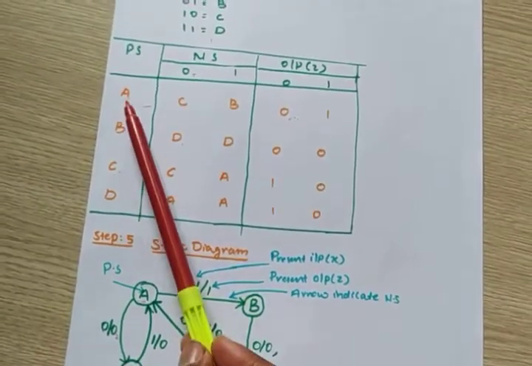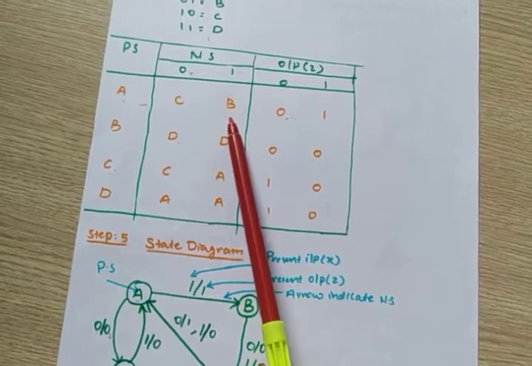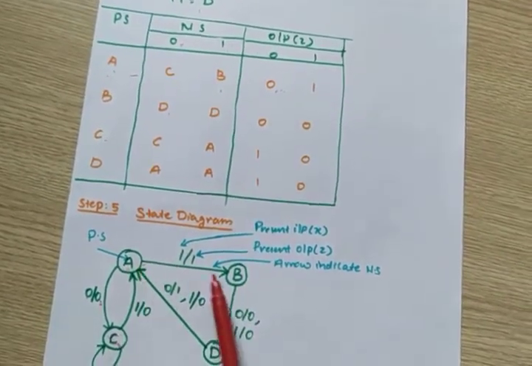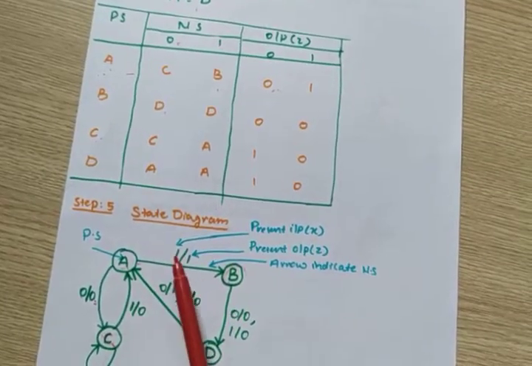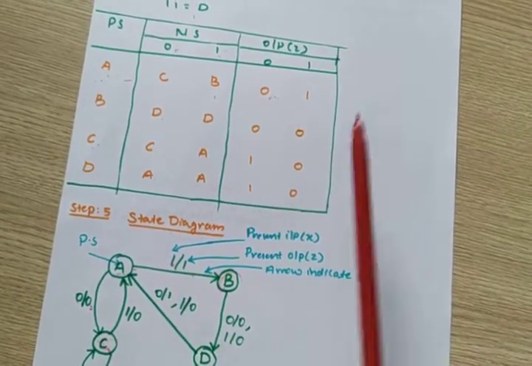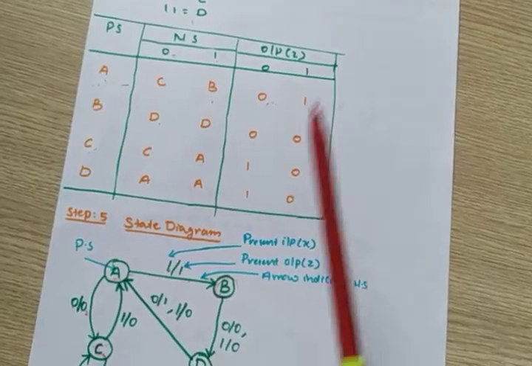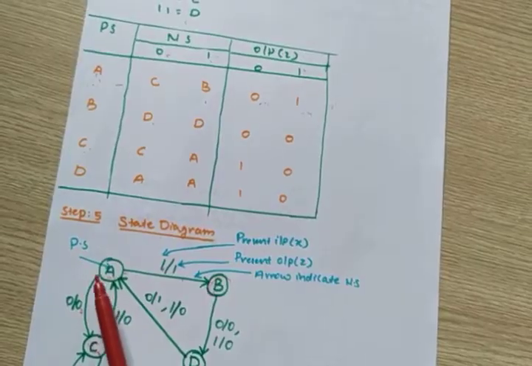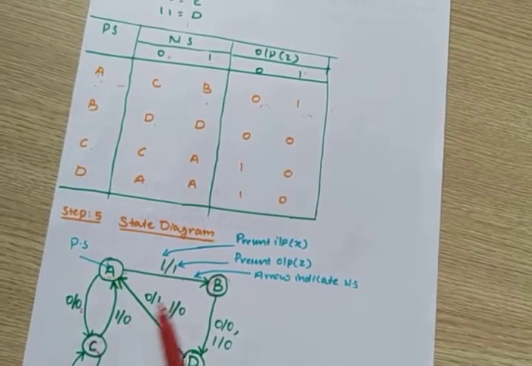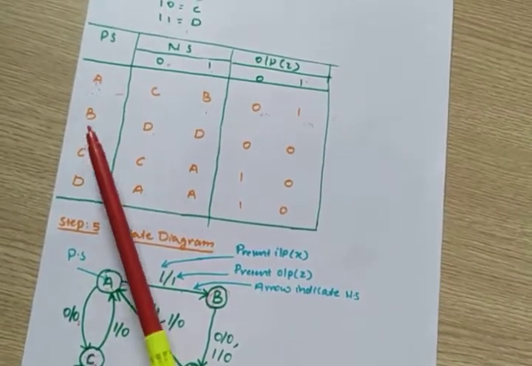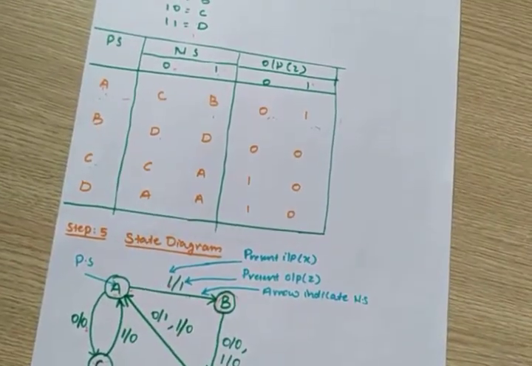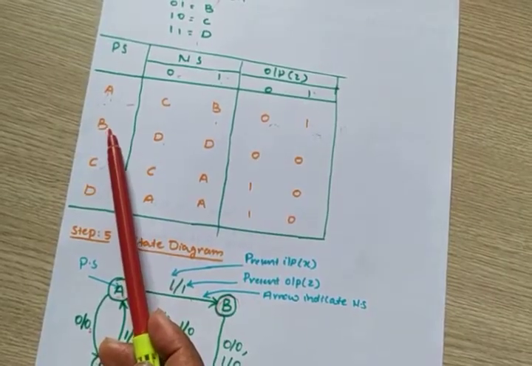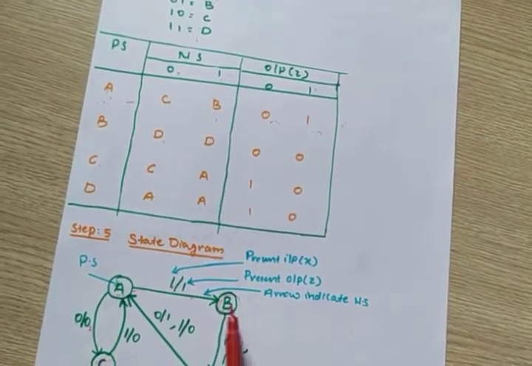Okay. What happens if I am giving 1 input to state A? State A 1 input, it will go to state B and the output is 1. Why? Because here output is 1. Then now we drew 2 lines. Now B is the present state.